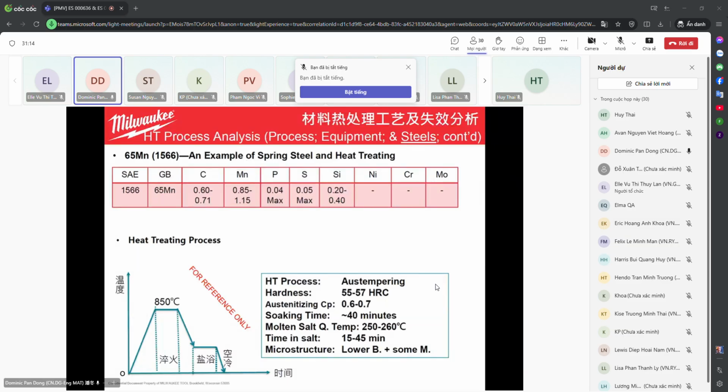But overall speaking, for our tempering process, time is a must. We need to make sure the parts are soaked inside the molten salt bath for at least 15 minutes. And usually the upper limit is 45 minutes.